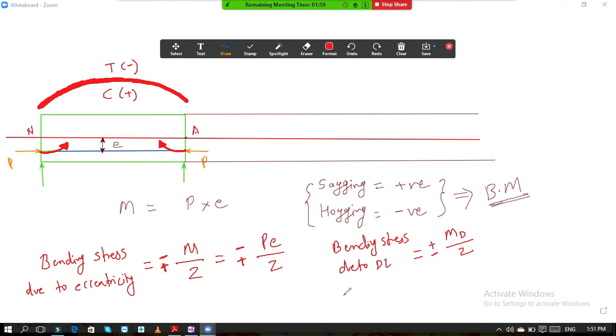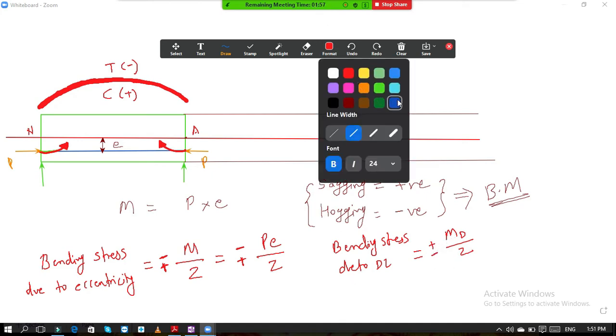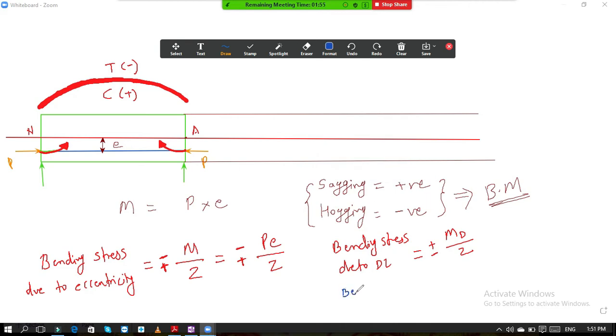Similarly, bending stress due to live load will be again plus minus Ml by Z. Okay. And lastly, your direct stress. Direct stress is always plus. It is P by A.